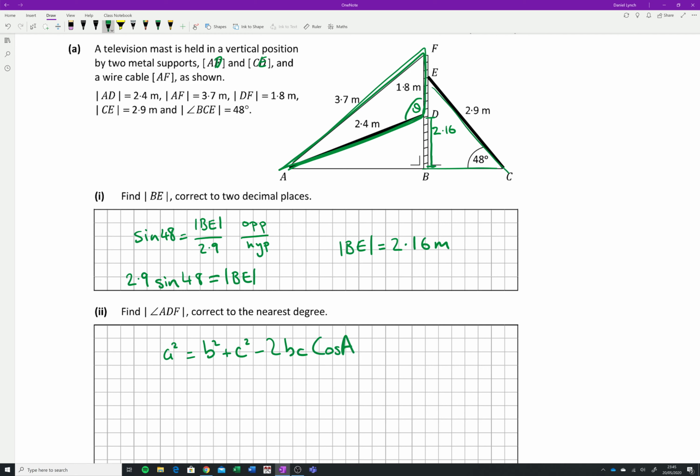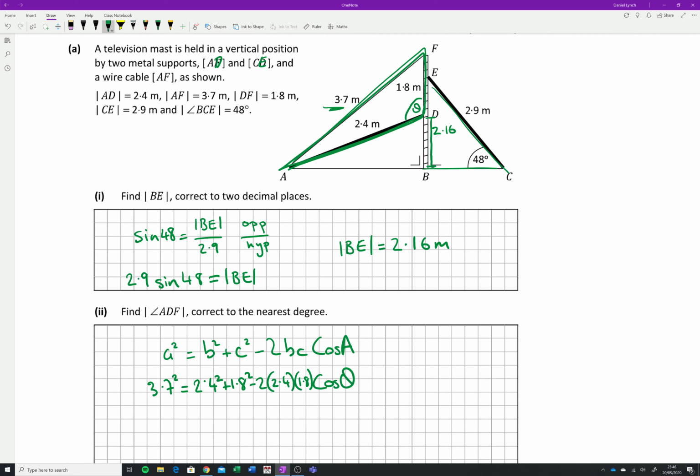So we're talking about cos a or cos theta. So the a that we're talking about here has to be the side which is opposite it. So that's 3.7 squared is equal to, and here it doesn't matter which one you put first, 2.4 squared plus 1.8 squared minus 2 times 2.4 times 1.8.